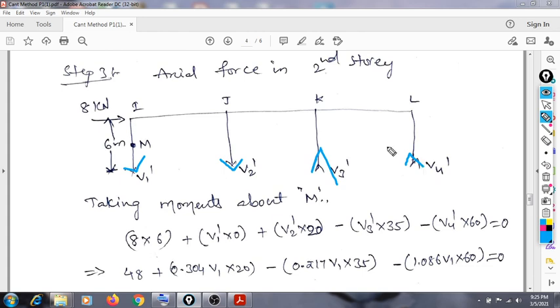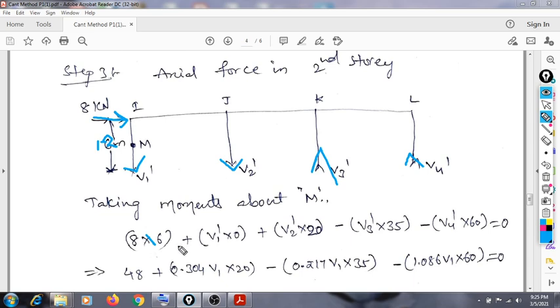So taking moments about here also similarly, when you observe 8 into 6, here there is a small mistake. Please consider this as 3, not 6. So we are taking moments about here. So 8 into 6, and I'm sorry, this is 12 actually. Okay, this is wrong. This is 12, and the half portion will be 6.